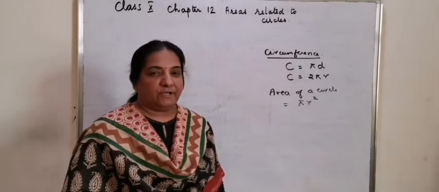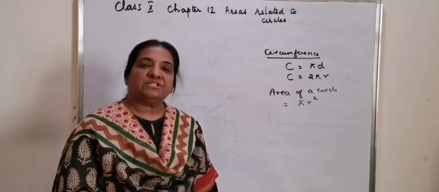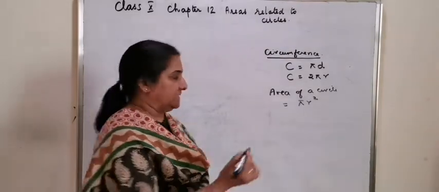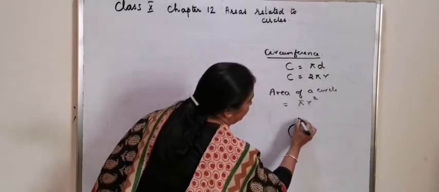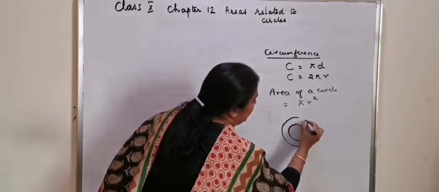Once you know the area of a circle, imagine you have two concentric circles, the circles with the same center and different radii.